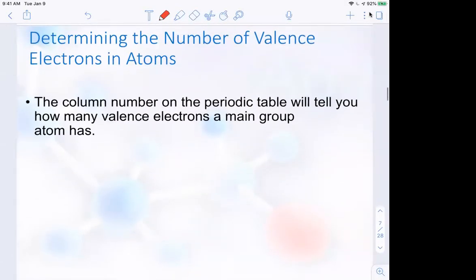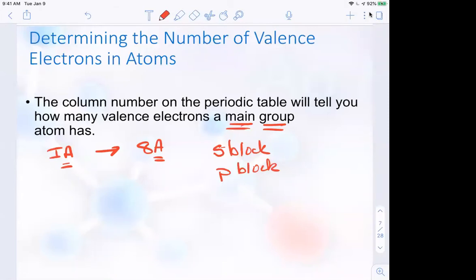We know that the column numbers on the periodic table will tell you how many valence electrons a main group atom has. Now this is that main group, right? So this is 1A through 8A, the A elements, the S block and the P block. We're not looking at D or F electrons.